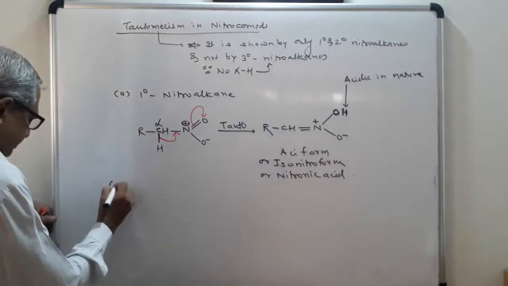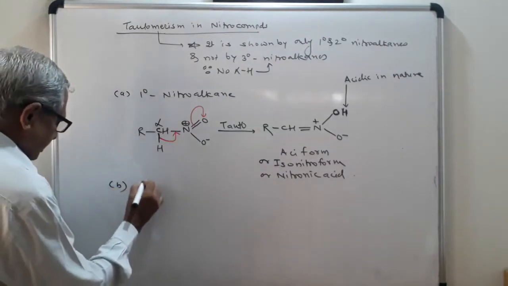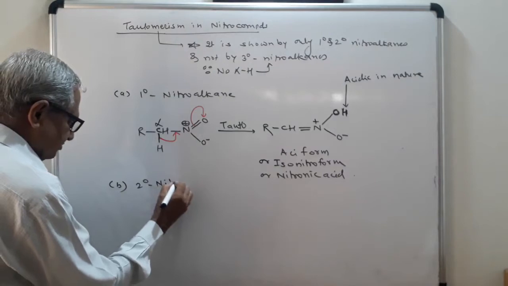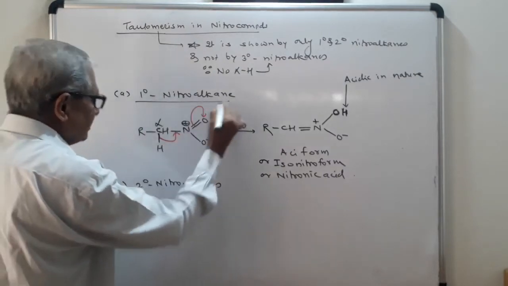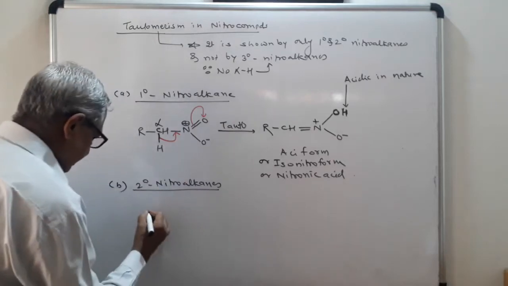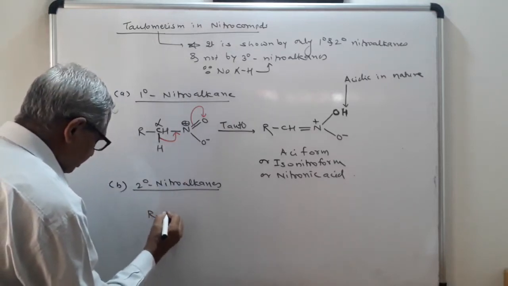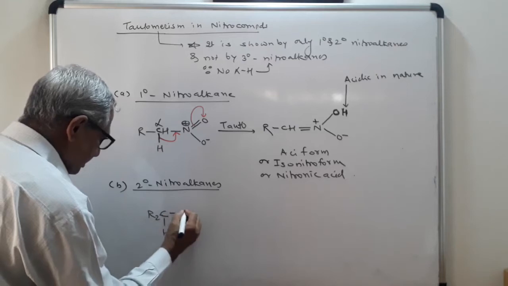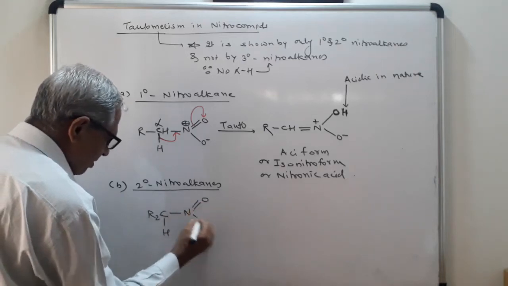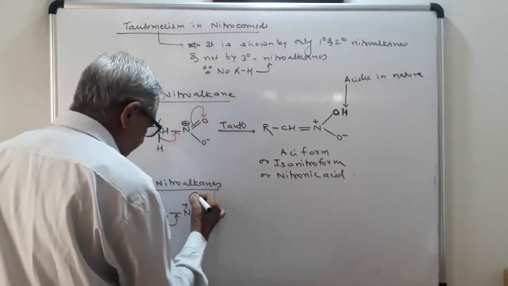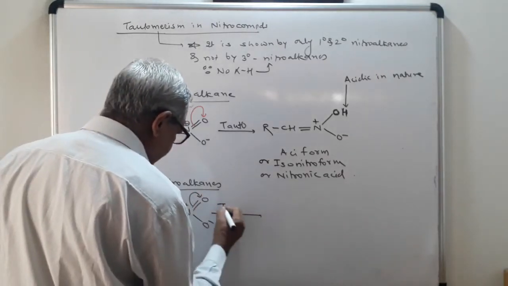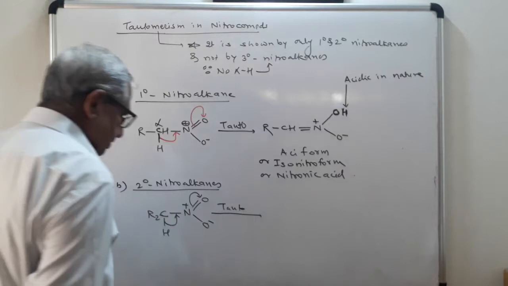Now I will explain the second part, that is secondary nitroalkanes. The general formula for secondary nitroalkane is R2CHNO2. Again you can show the tautomerism here. Hydrogen atom migrates from carbon to the oxygen atom.